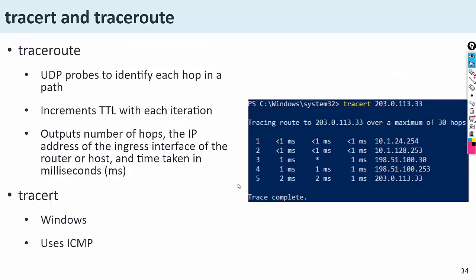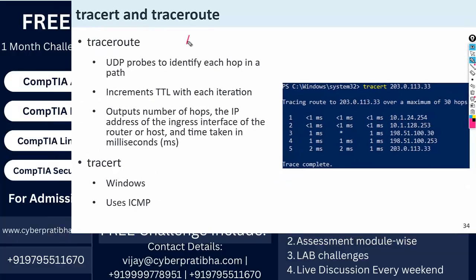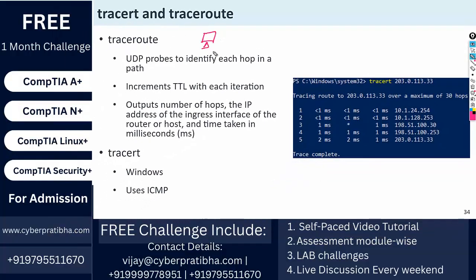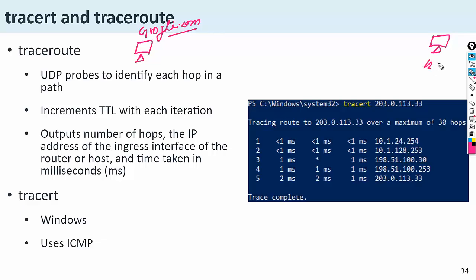Okay. Traceroute, actually tracing the route. This command is used for tracing the route. For example, this is your computer and I want to trace the route to google.com. So this is the Google server. Now the question: how many routers are in between?